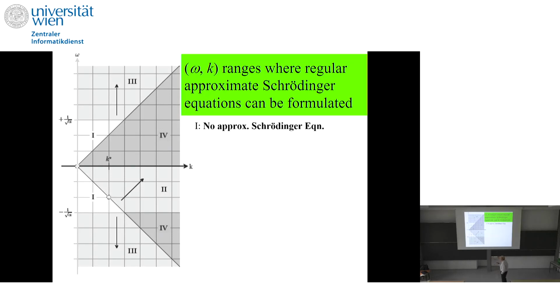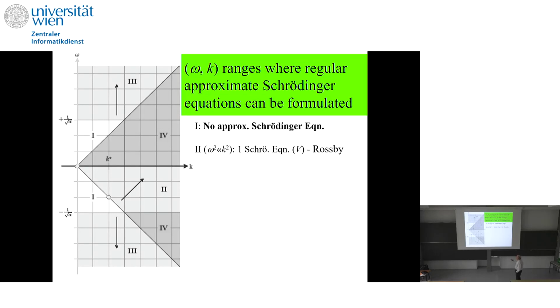Then we have region 2. Region 2 is omega squared much less than k squared. In this region, we have the V equation, which gives us Rossby waves; this is the area where Rossby waves have their dispersion relation.